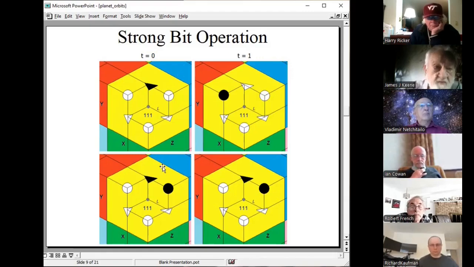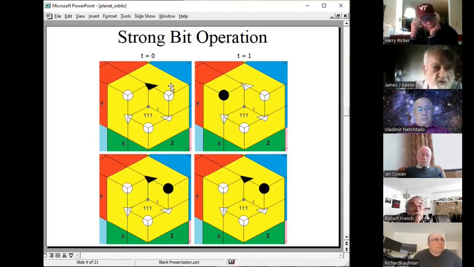Now, what more is there to say about it? What if both of the loci are in the 1 state, or as we say in ordinary English, contain quanta, at time equals 0. The M and the L bit both in the 1 state. What happens is that the strong bit operation is blocked, okay?